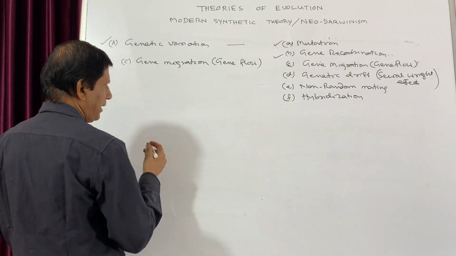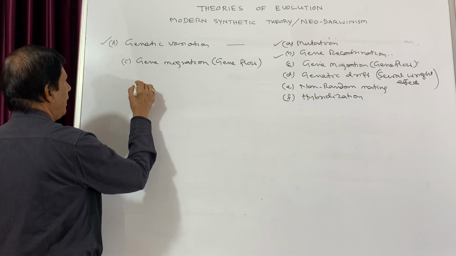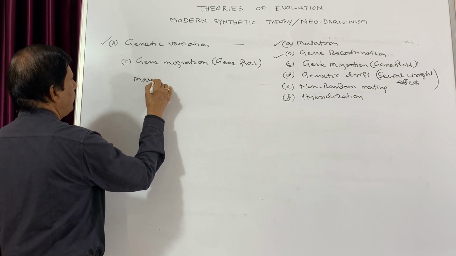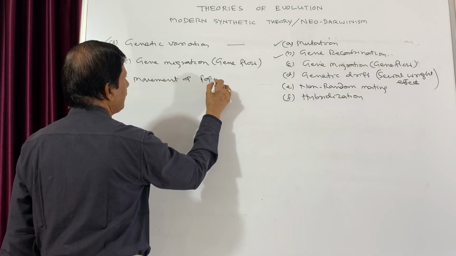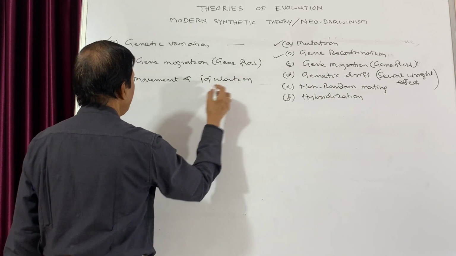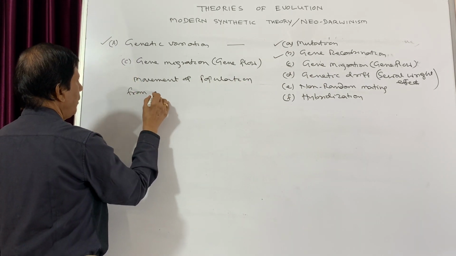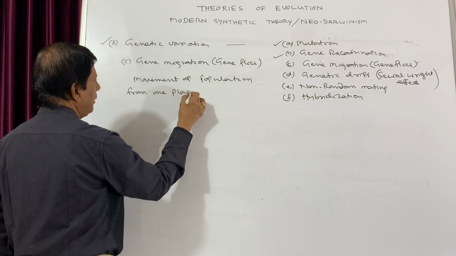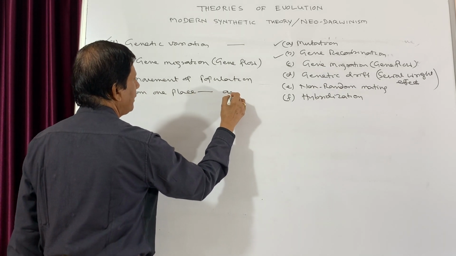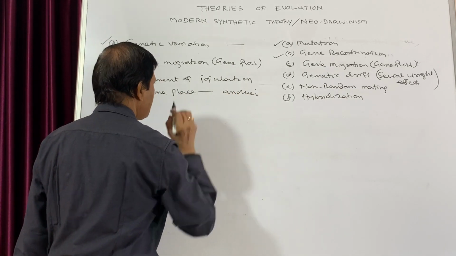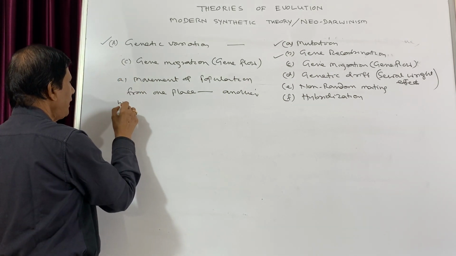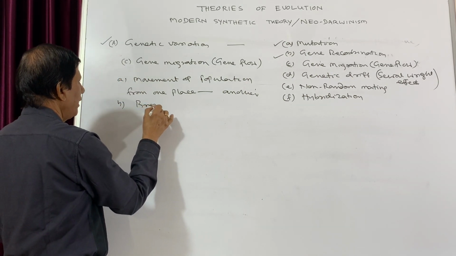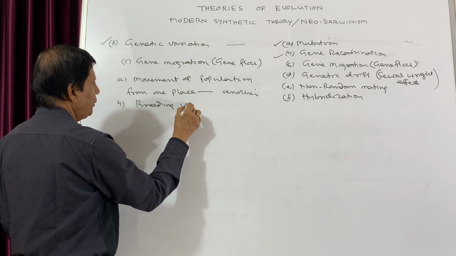So this is usually a movement of population from one place to another place. This is one point. Second, the next point is breeding with host population.